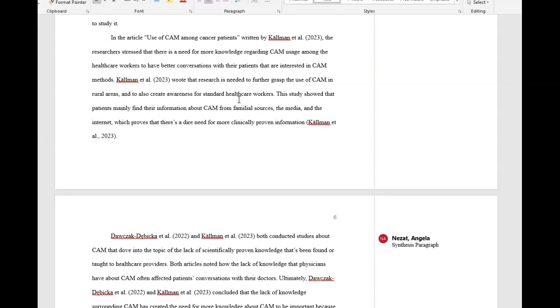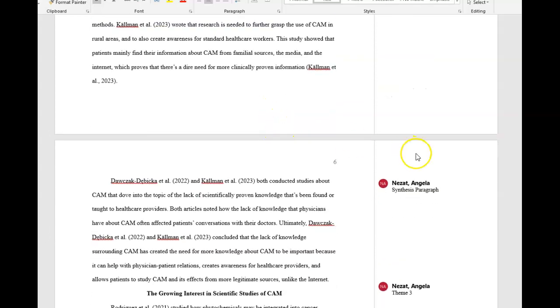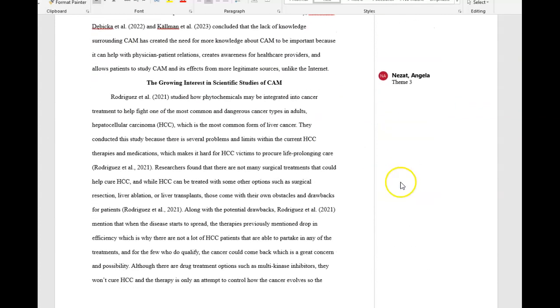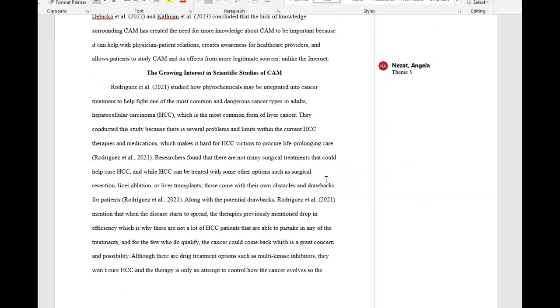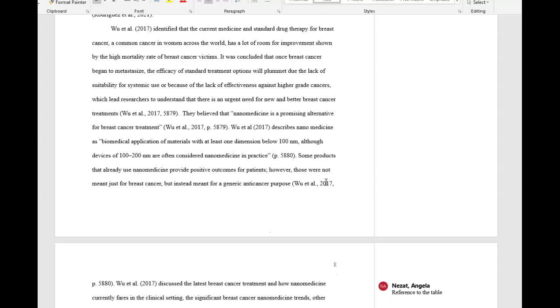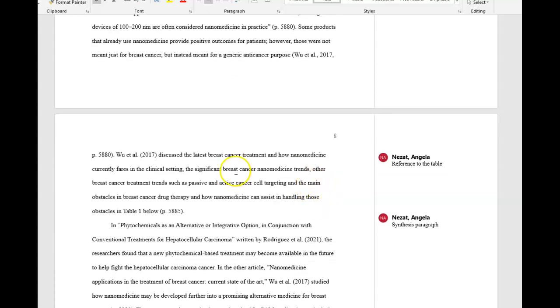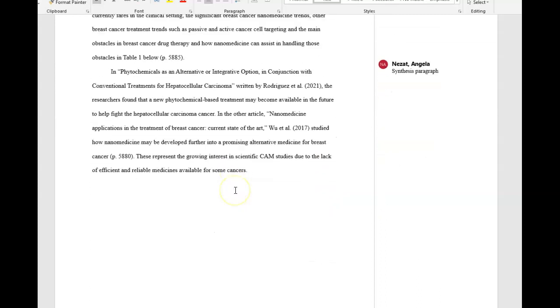Same thing, second article that was discussing the lack of knowledge surrounding CAM, and then the synthesis paragraph. And then the third concept gets discussed. And in this case, here is where the student decides that they're going to include the table.